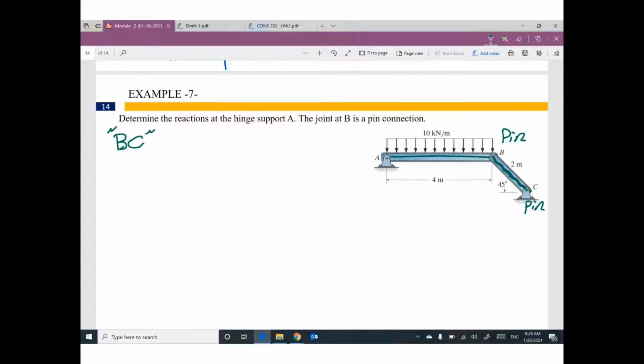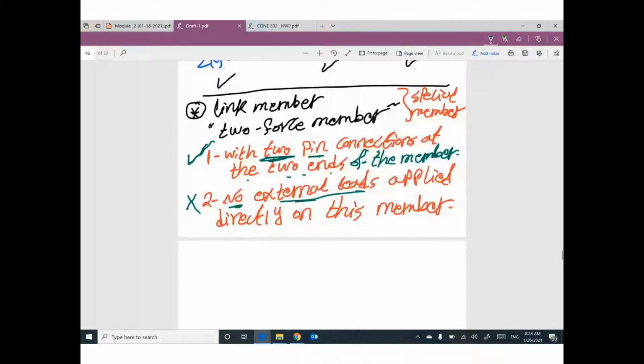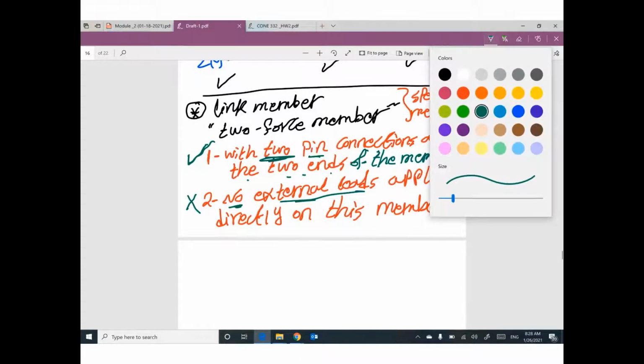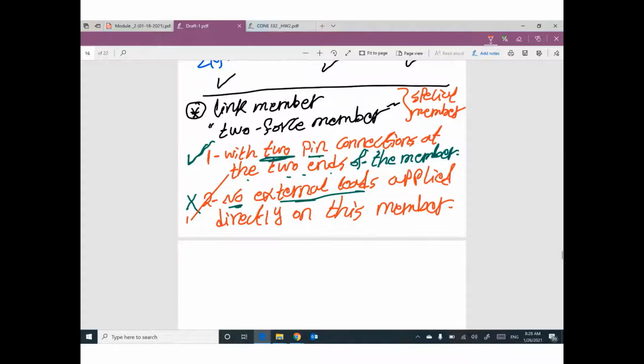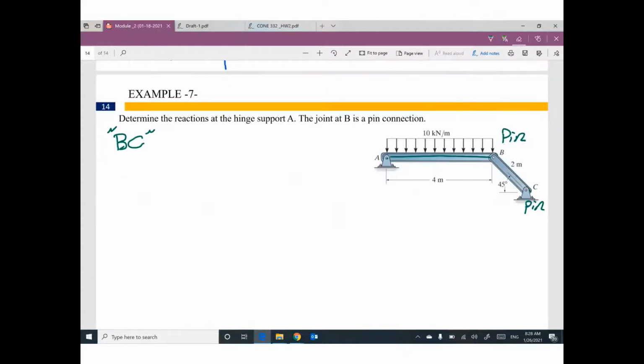Any concentrated load, any distributed load, any concentrated moment, anything applied directly to this member? No, we don't have. That means the second one is okay also. So I can say this member can be considered a two-force member, or can be called a link member.